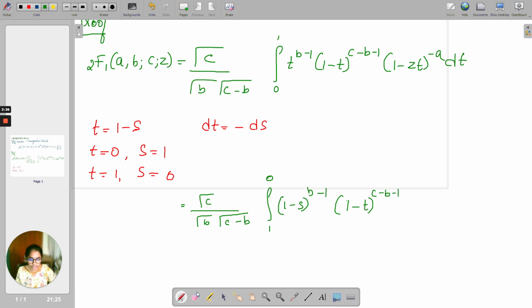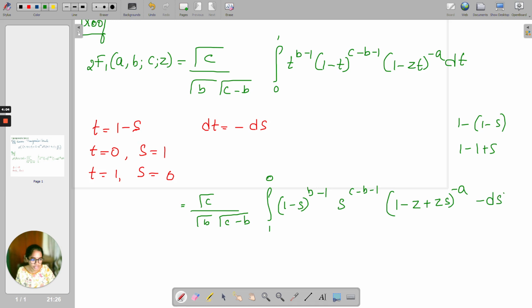Sorry, in the place of t, if I substitute 1 minus s, I would get 1 minus 1 plus s. So I can write s to the power c minus b minus 1. Then 1 minus, let me write it directly, z plus zs, to the power minus a into minus ds.